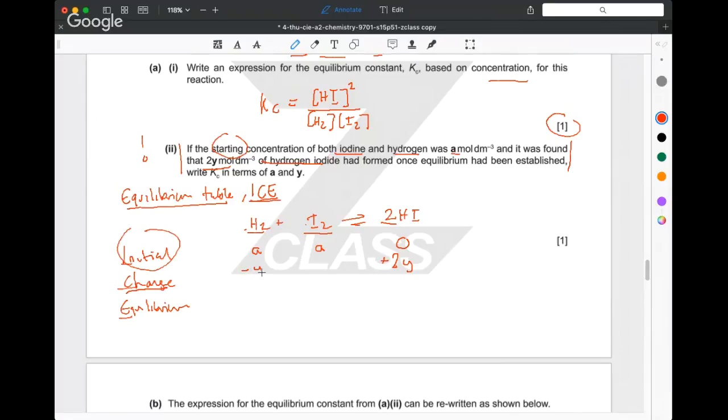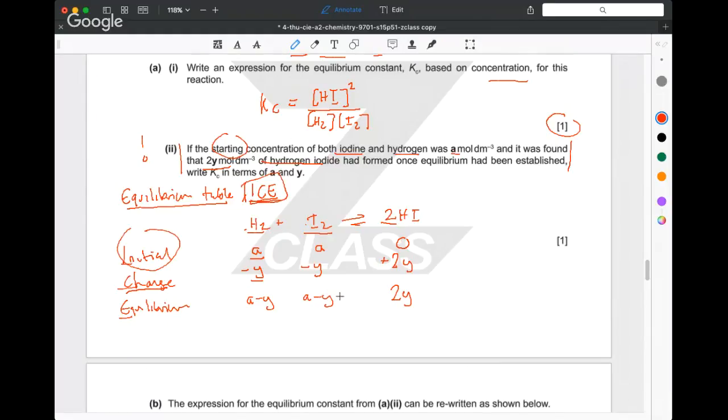And so minus Y was the change of hydrogen, and minus Y was the change of iodine. So that's the C in this mnemonic, what changed. And then at equilibrium, there was 2Y mole per decimeter cubed of hydrogen iodide. And because you started with A and minus Y moles of that reacted, then the concentration at equilibrium is A minus Y for hydrogen and A minus Y for iodine.